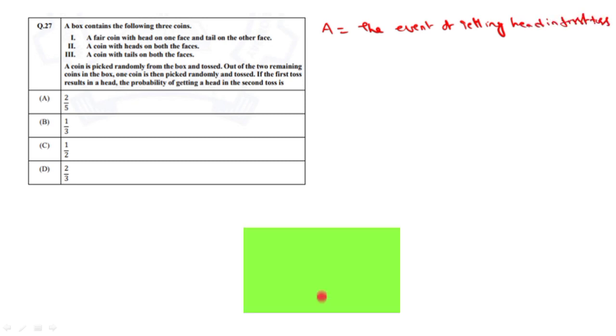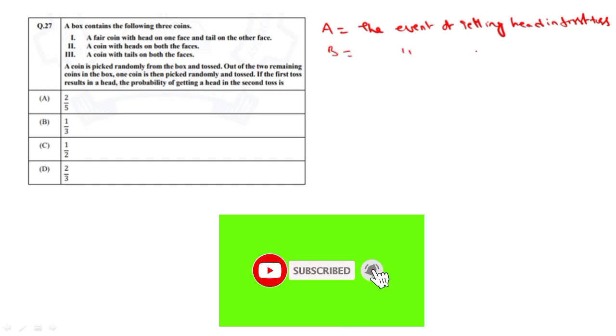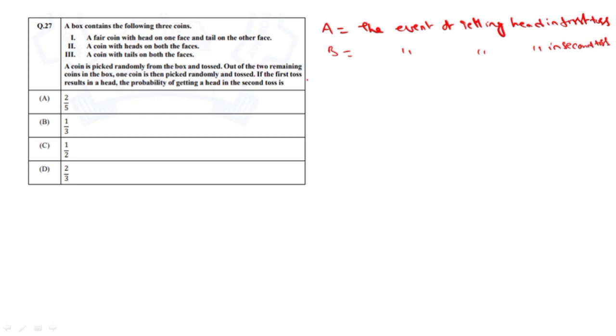Okay, so suppose I call A equal to the event of getting head in first toss, and B equal to the event of getting head in second toss. So what we need to find: we already know that the first toss result is head. Then we need to find that the second toss is also head.